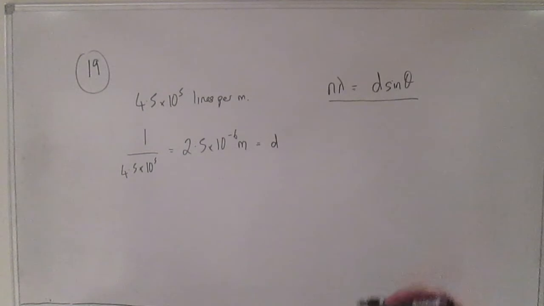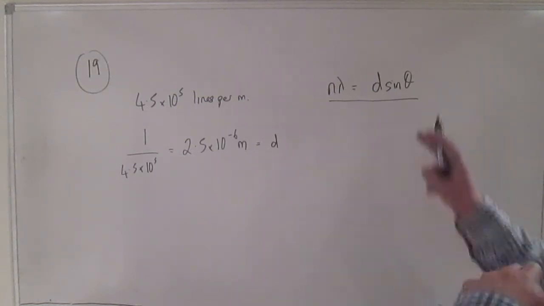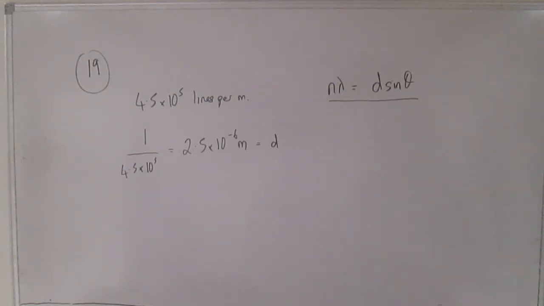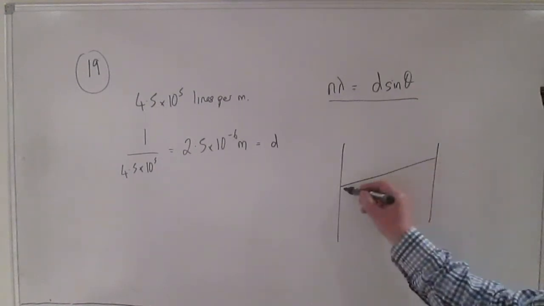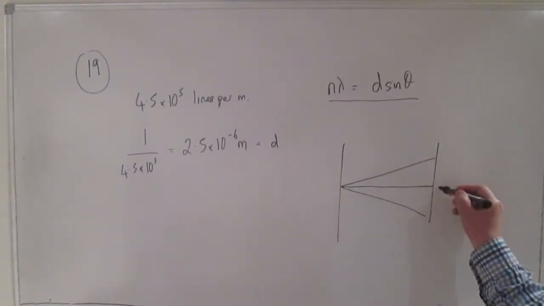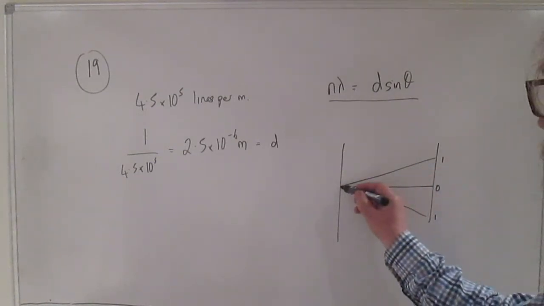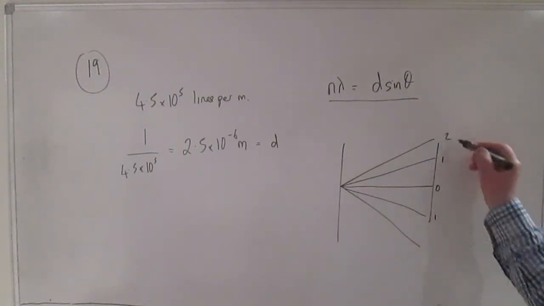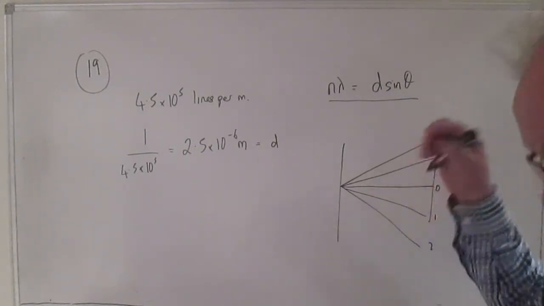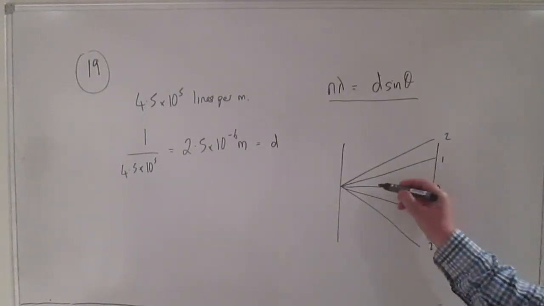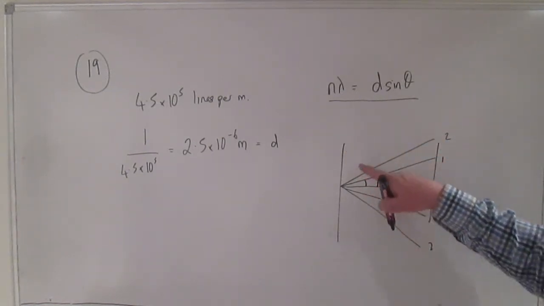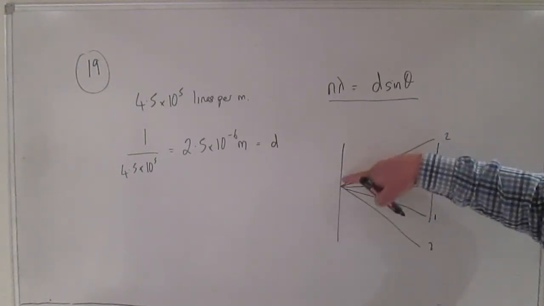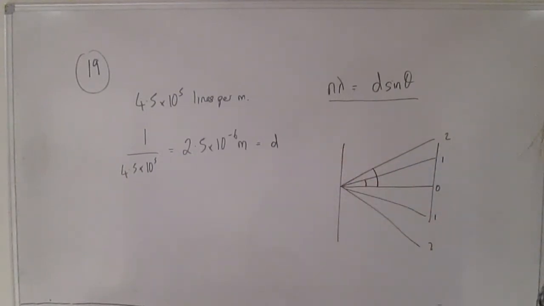Now the idea is then that the maximum angle theta is 90 degrees, because if we think about what's going on here, as you go through the grating, remember what happens is that you get this kind of thing where that's the 0 line, and then you'll get the first order and the second order and so on, and the maximum value of theta, which is the angular separation there or there, is obviously 90 degrees, because you can't have any more than 90 degrees, otherwise you'd be passing back behind the grating.